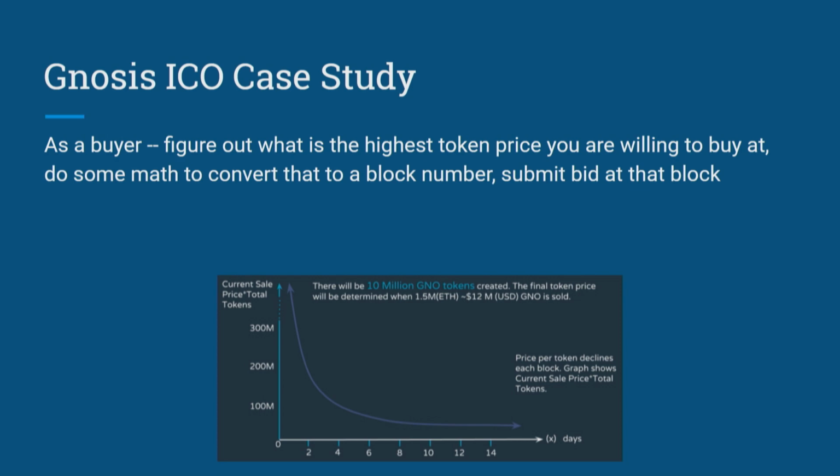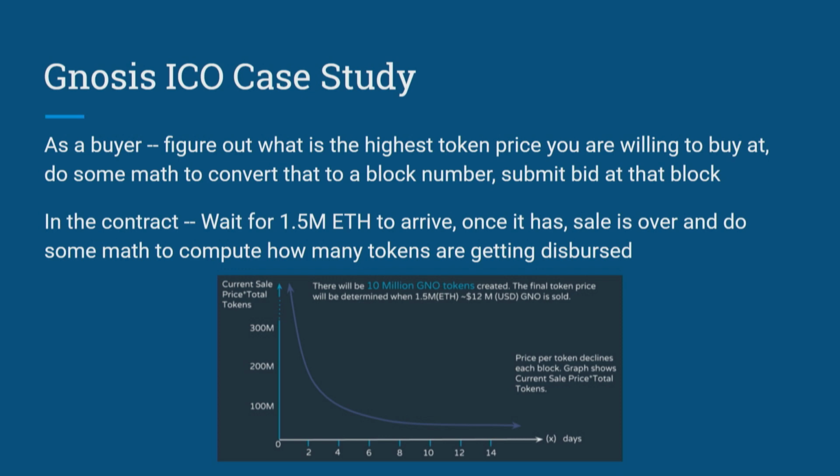Your desired price is implied by the time duration. Inside the contract, you're just waiting for, in this case, 1.5 million Ether to arrive. Once you've hit that total, you're good. You've sold all of them, and then you do the same math to calculate how many tokens you're dispersing.